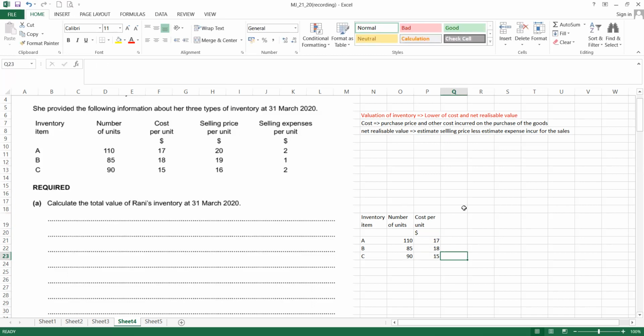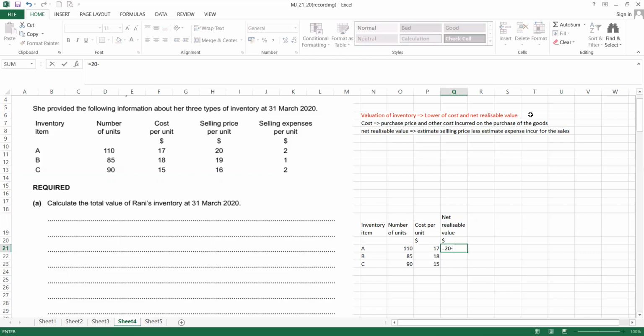No additional cost. But come to the selling price and the selling expenses. This one actually is the net realizable value. We take the selling price, 20 minus $2, so we get 18.